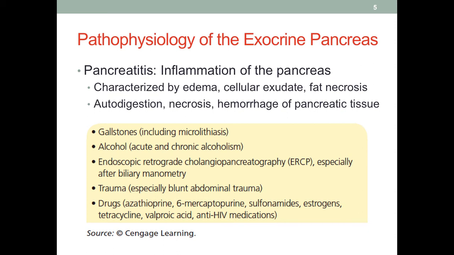Different factors can cause pancreatitis. For example, gallstones could cause the obstruction of the common bile duct or at the sphincter of Oddi and could lead to buildup of the pressure inside the pancreas. Eventually, this could lead to the rupture of the tissue, which could trigger autodigestion.